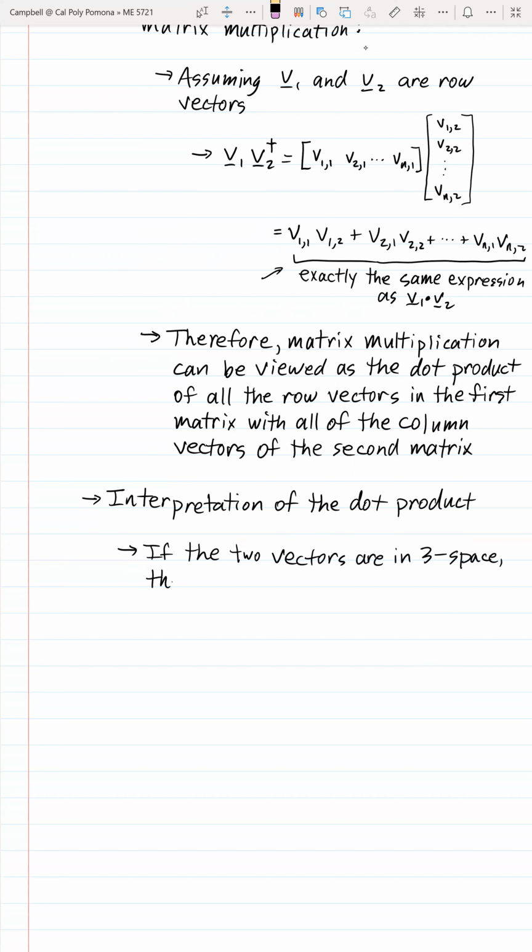Then those two vectors will create a plane.